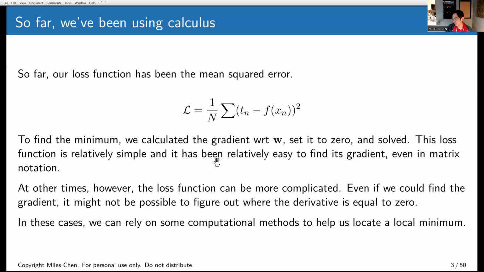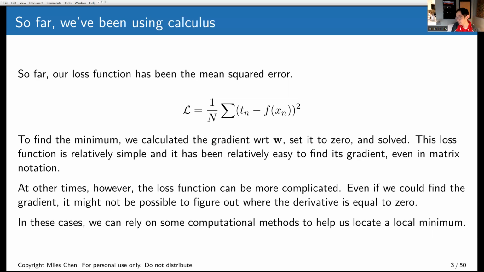We call it a convex loss function, and there's just a squared term. So it wasn't too hard for us to find the gradient, right? We did a lot of this in matrix notation, vector notation, and it was okay.